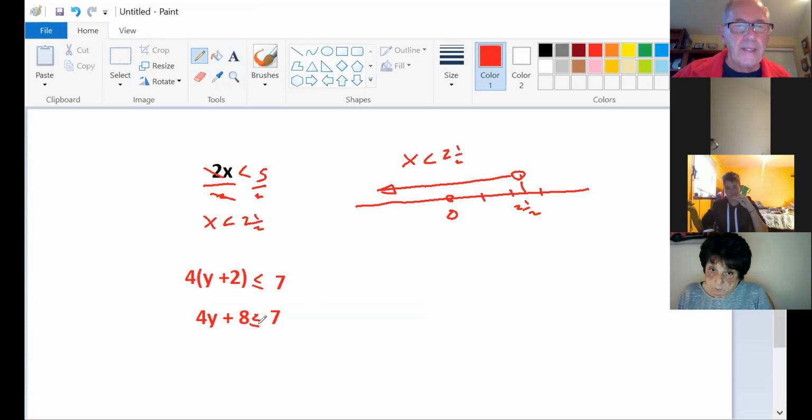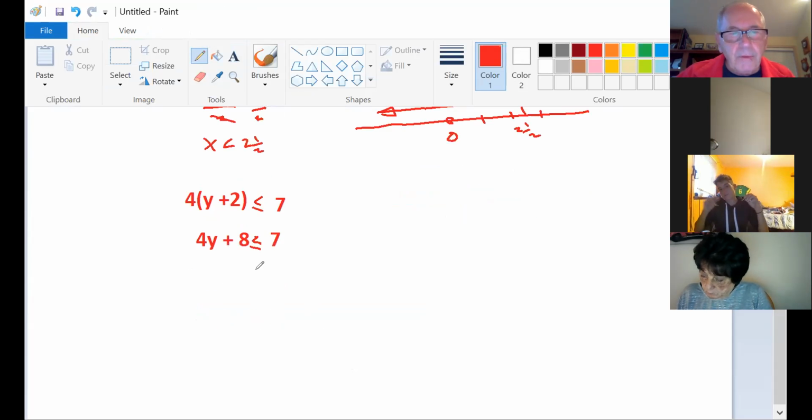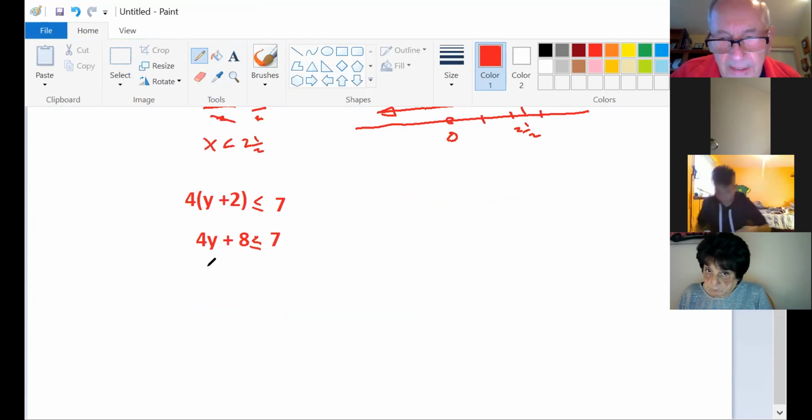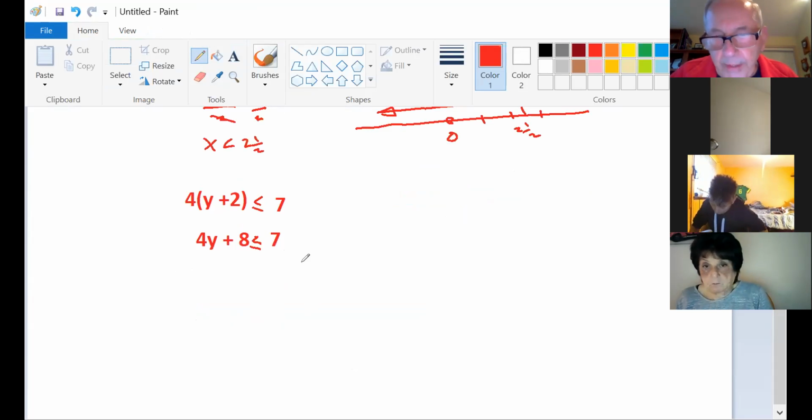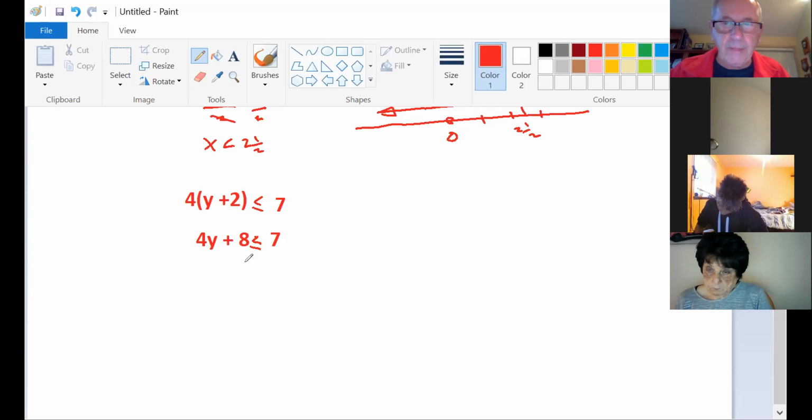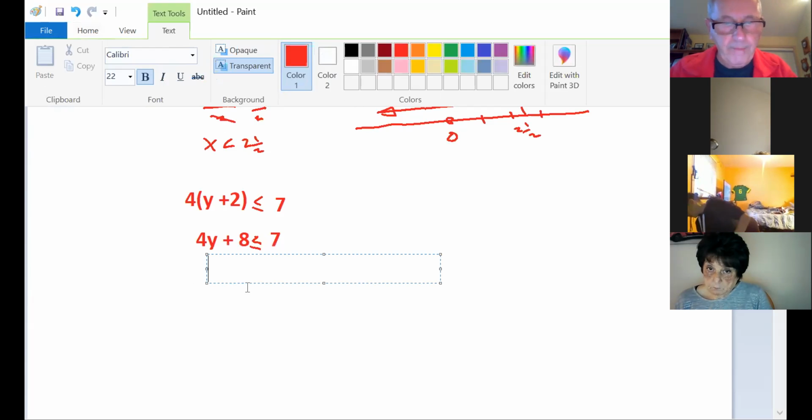So now what's the next step? What would I do next? Anybody? Subtract 8. Subtract 8, right? Because I want to get the variable by itself on one side. It's just like an equation. Don't be fooled by that inequality sign. It doesn't change. There's one way it does change, if you're multiplying or dividing by a negative, and I'll show you that in a minute. But anyway, this one would be 4y.